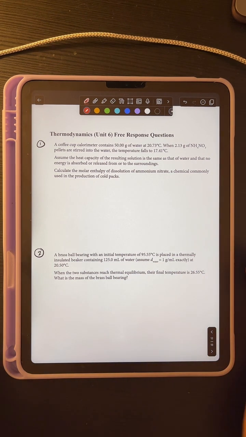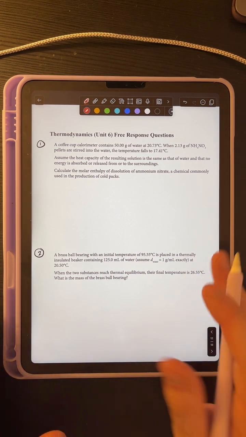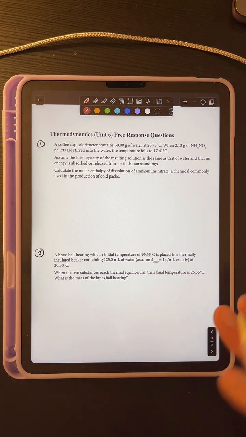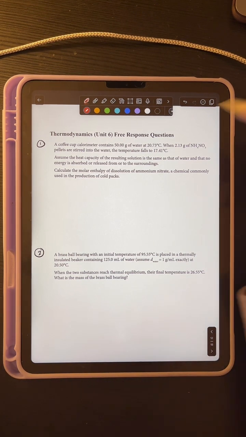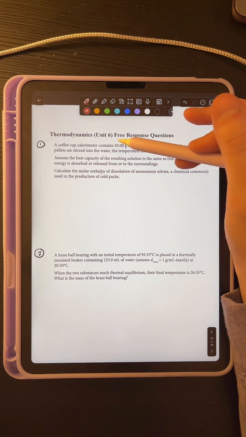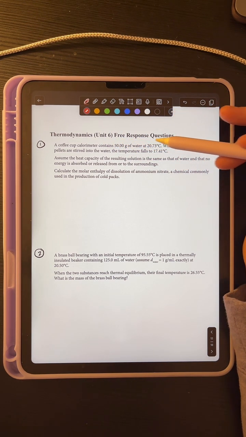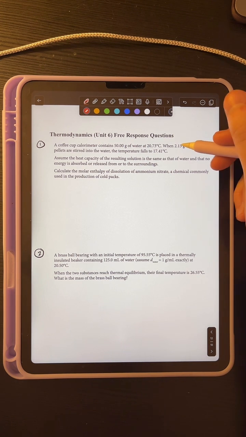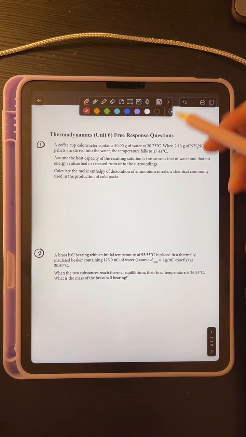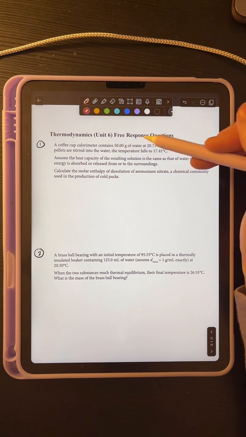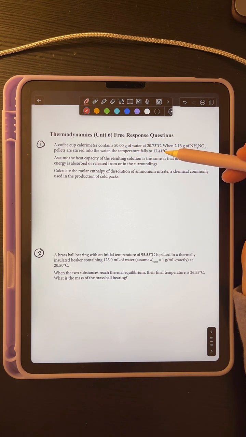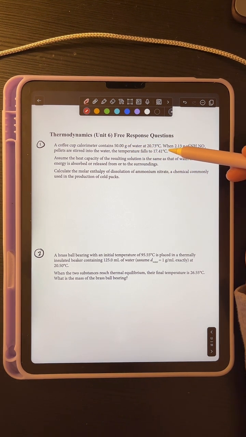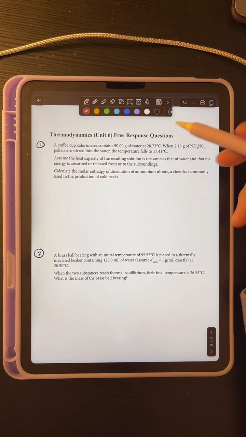So number 1, we're given a lot of information here, so we'll sort of pick it all out. A coffee cup calorimeter contains 50 grams of water at 20.73 degrees Celsius. When 2.13 grams of ammonium nitrate are stirred into the water, the temperature falls to 17.41 degrees Celsius.